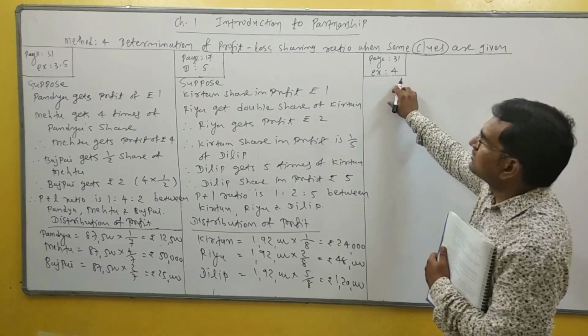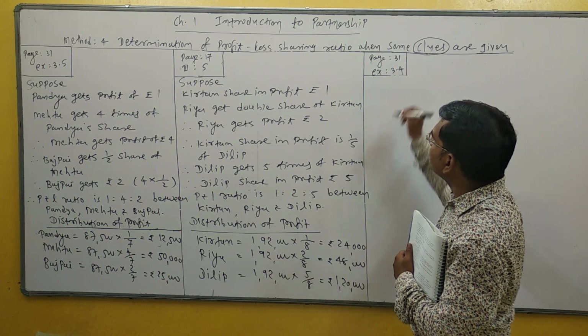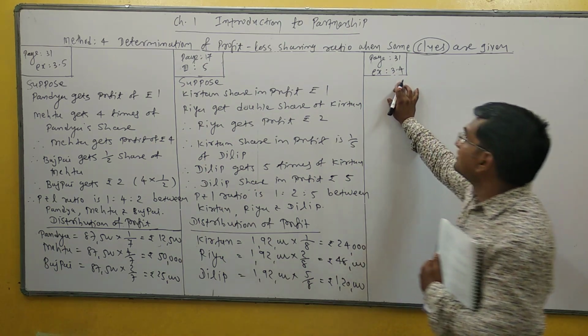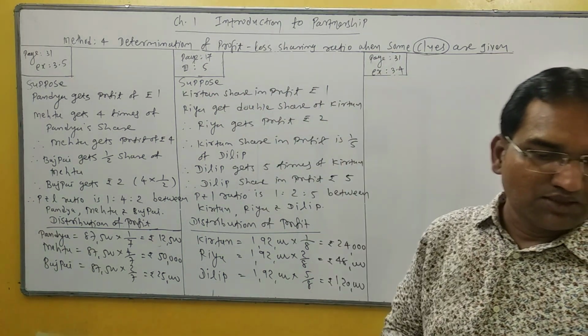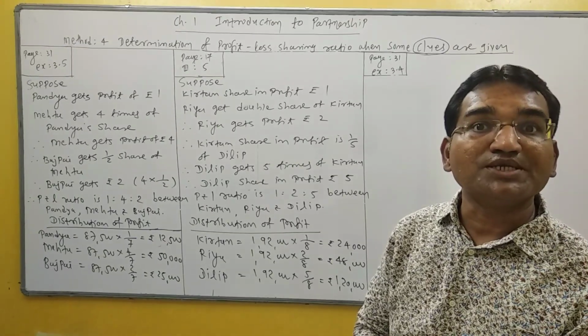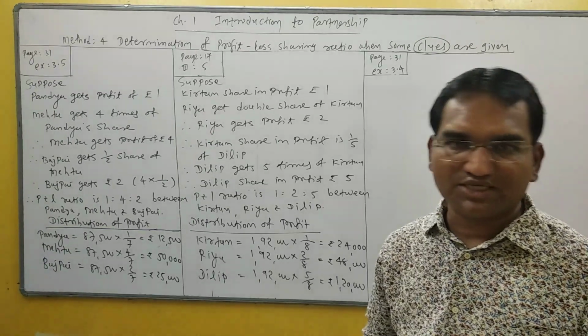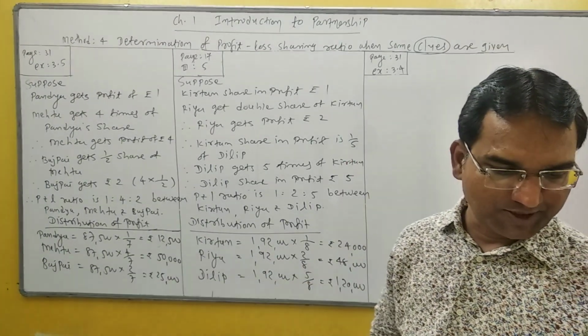Exercise 3.4, page number 31. This is a very simple exercise. Here there is no need to determine the profit sharing ratio, because here the profit sharing ratio is clearly given in the example. Instead of some clues, the profit sharing ratio is given, right?